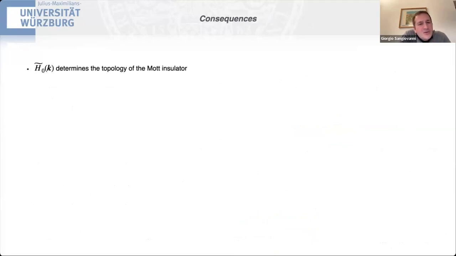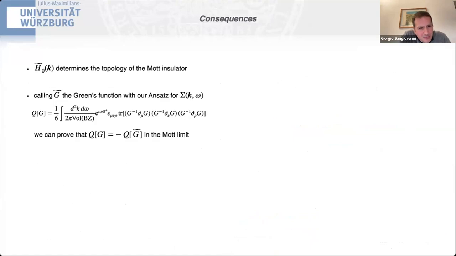Anyway, the consequences of this H0 tilde allows us to classify Mott insulators. More precisely, if we call G tilde the Green's function in which we add our self-energy with the ansatz that I showed you, then the winding number of G can be shown to be the opposite of the winding number of G tilde.